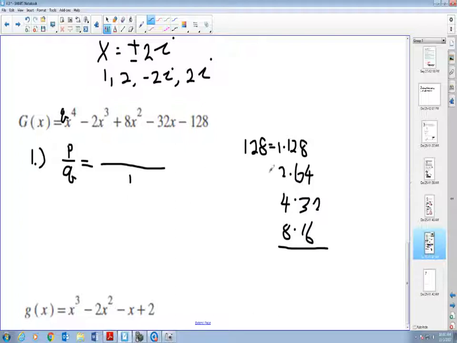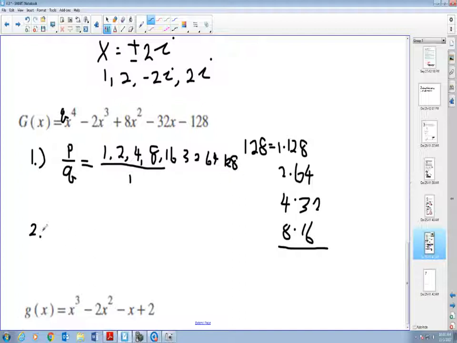Okay. So my factors of P will be 1, 2, 4, 8, 16, 32, 64, 128. So that means my P over Q, what I will be looking at is actually go from positive to negative 128.